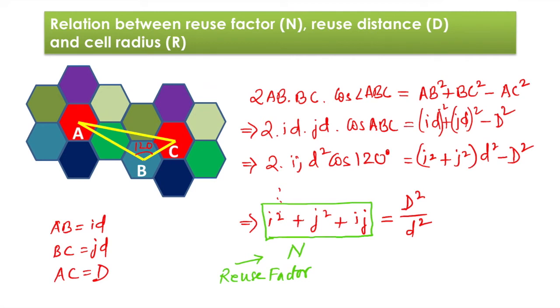Therefore you can write n is equal to capital D square by small d square, which implies capital D by small d is equal to square root of n. We can also write capital D by r is equal to square root of 3n.